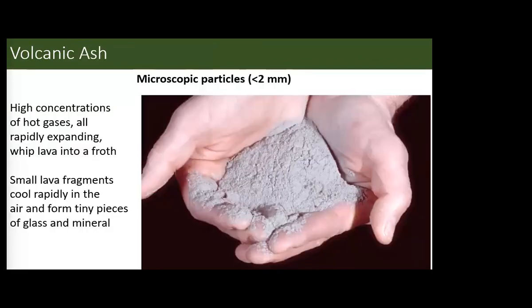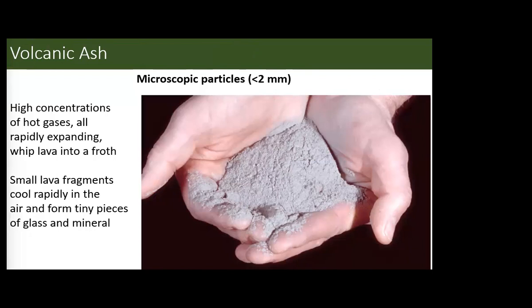All right, so ash. Ash is going to be anything smaller than 2 millimeters, really, really small, really fine grained. If this turns into a rock, we would call it a mudstone or a siltstone because we can't see the grains in it at all. That's how fine they are.